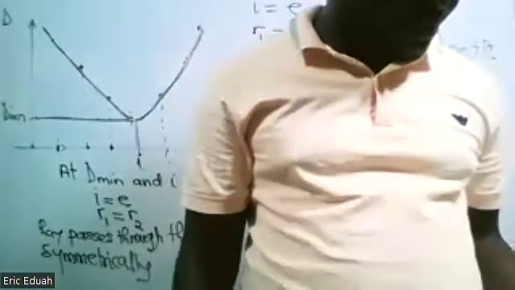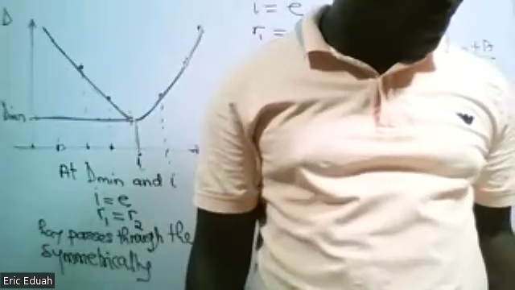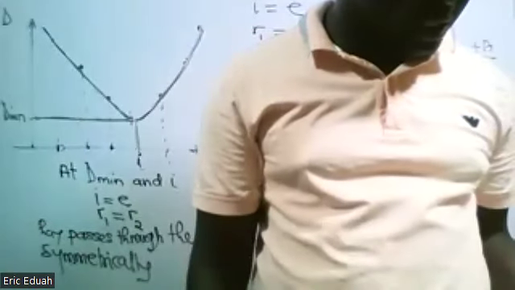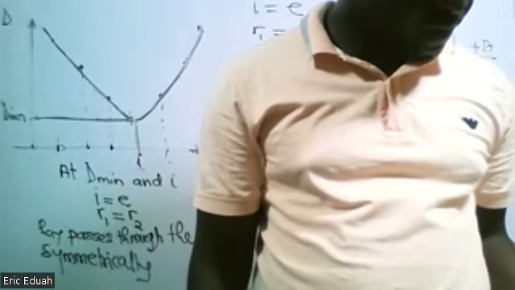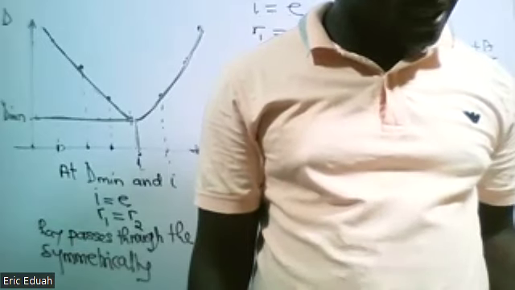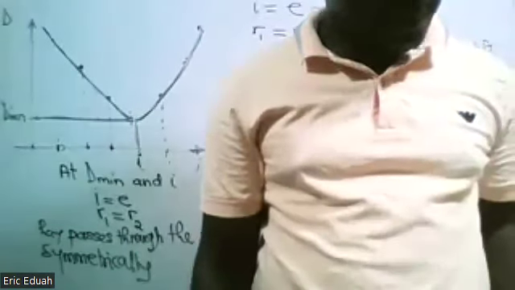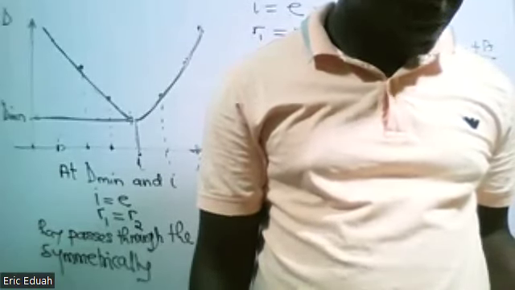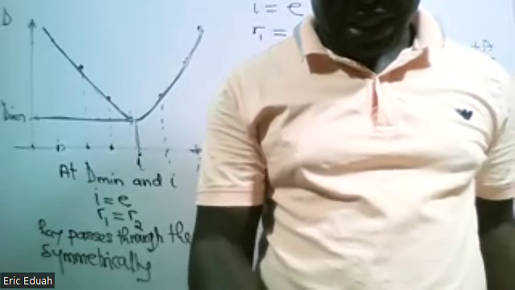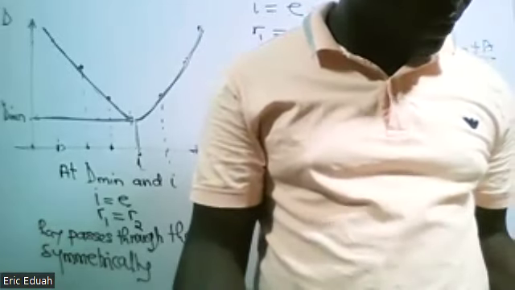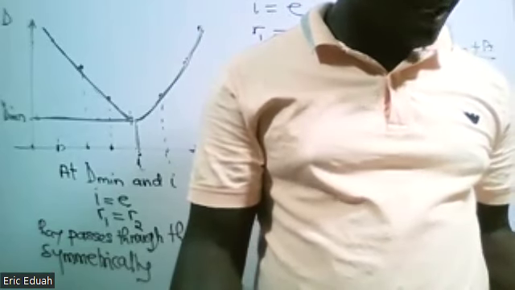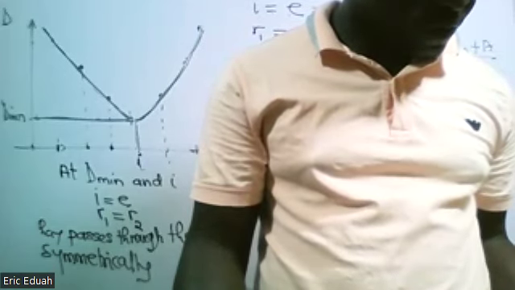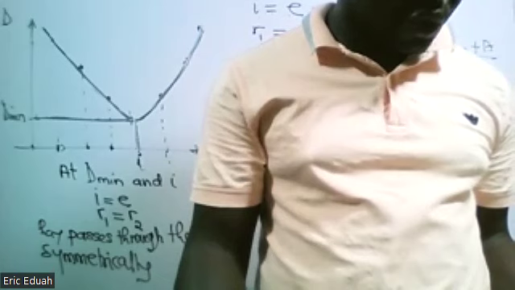If in a prism, the angle of the prism is 60 degrees, and the refractive index is 1.52, calculate the minimum deviation of a ray of light that passes through it.